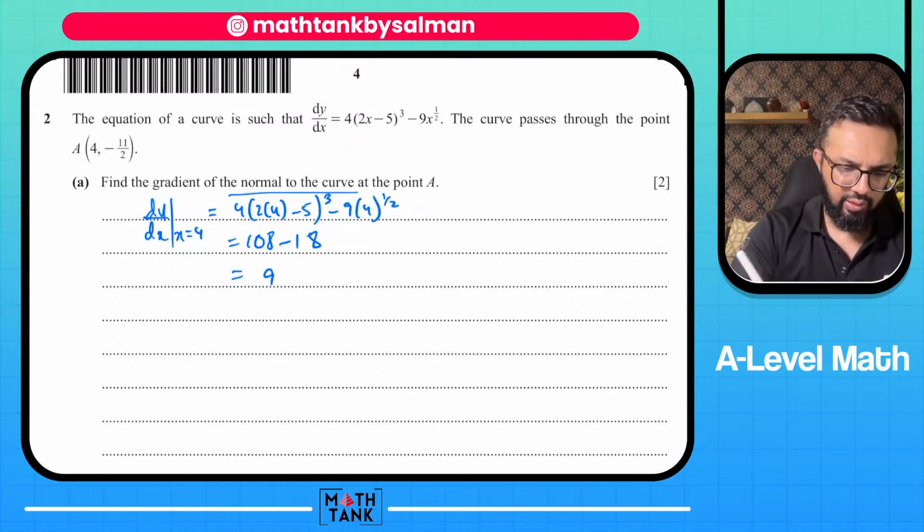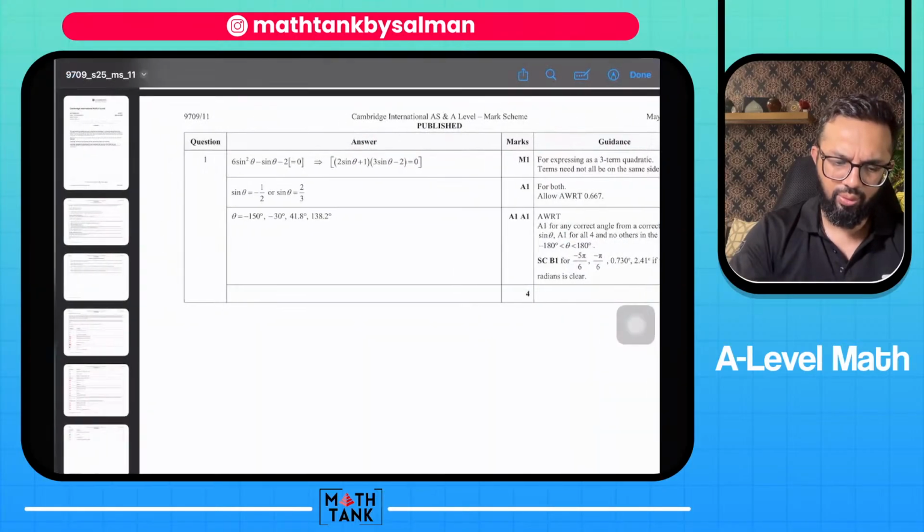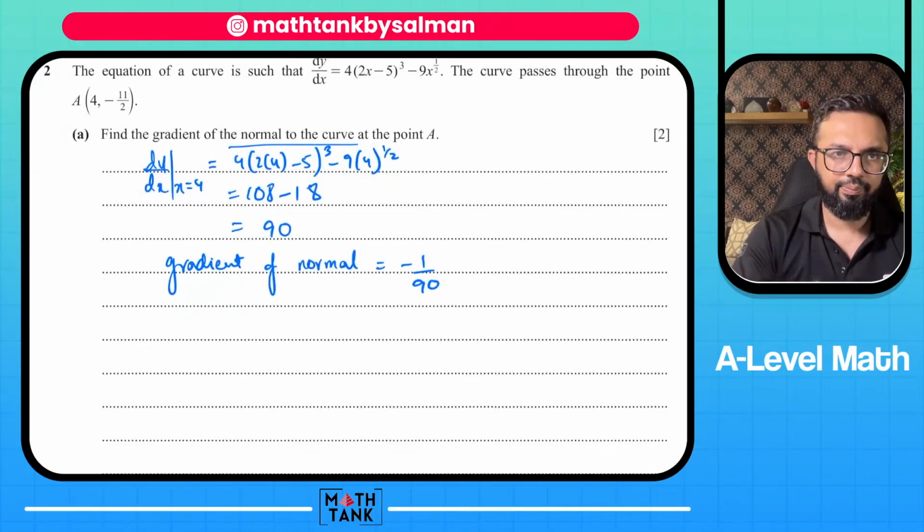It's 90, a little weird, but gradient of normal is -1/90. Let's check. I'm not sure. Yep, that is the correct answer.